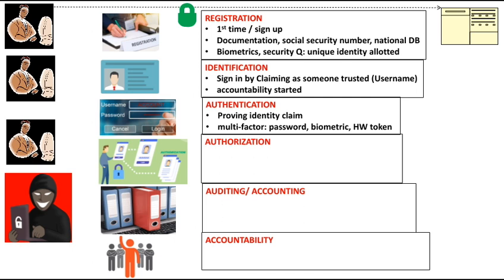The system authenticates you by comparing your password and your biometric with the data which is already present on the system. If both the password and biometrics are similar to the data which was stored on the system during the registration process, then you are authenticated to the system.